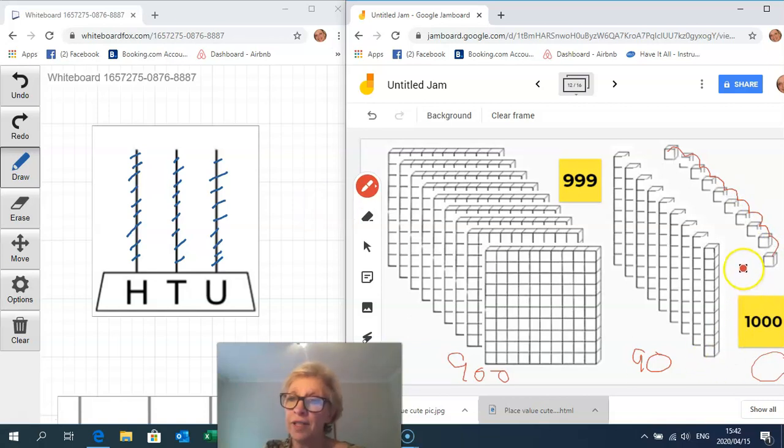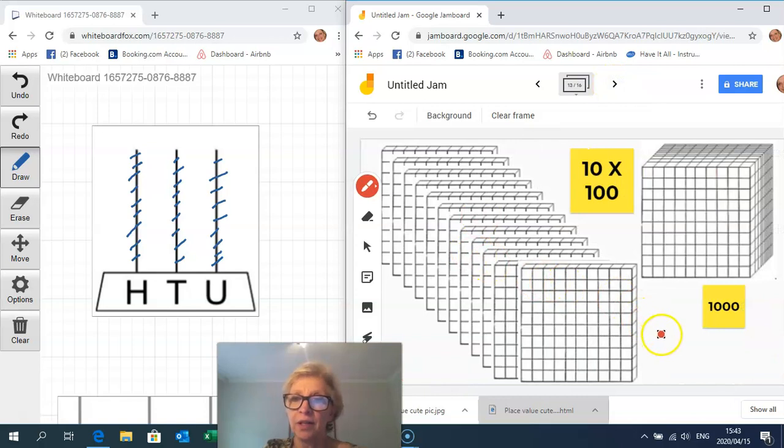I have 10. So 900 plus 90 plus 10 is, that's absolutely right, it is 1,000. Now we're looking at thousands, which is those big cubes.